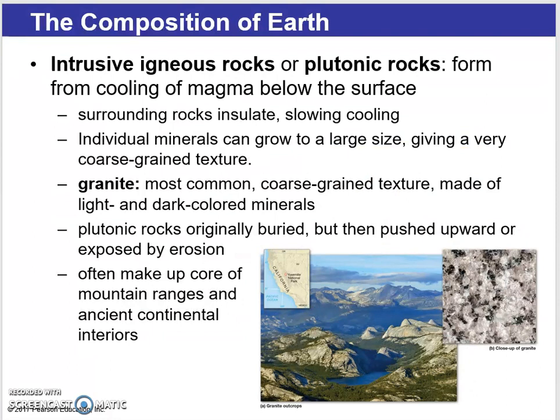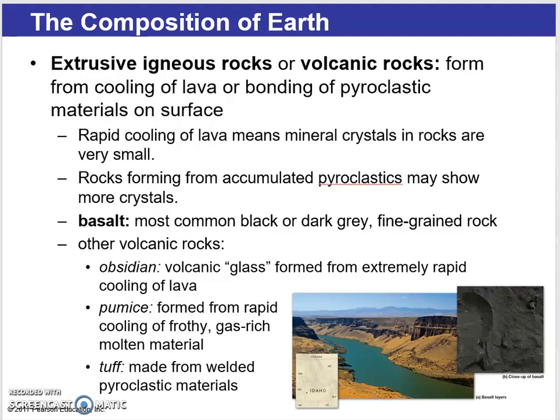Intrusive igneous rocks, or plutonic rock, formed by cooling below the Earth's surface. Granite, the most common texture, is often used for different features of houses, for instance countertops, very common, sometimes flooring and so forth. Basalt, we see some of that in Colorado.